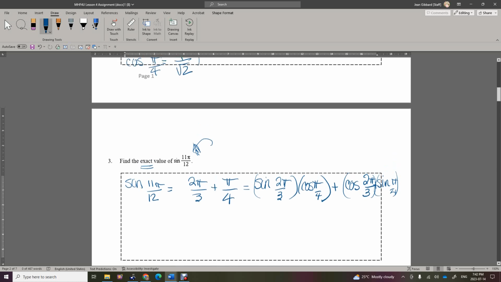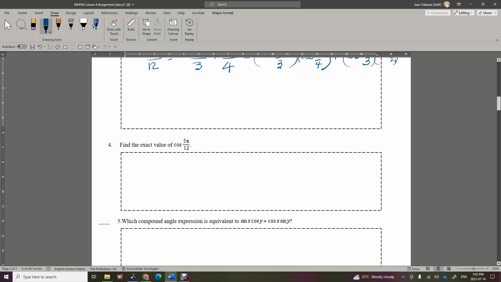And if we just skim down a little bit, this equation here is the same one that we have, sine of x plus y.